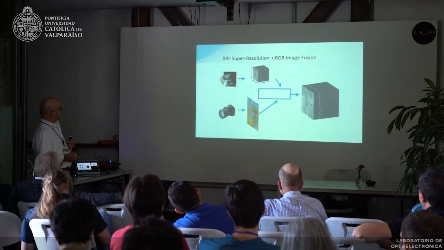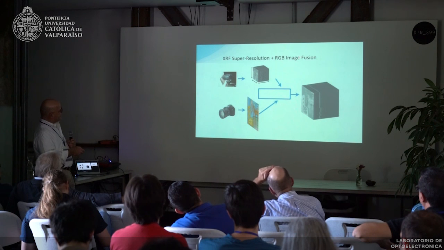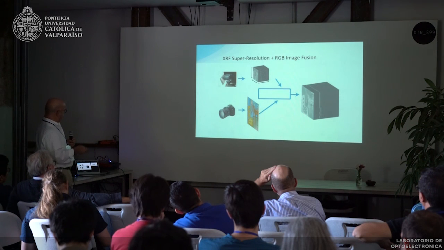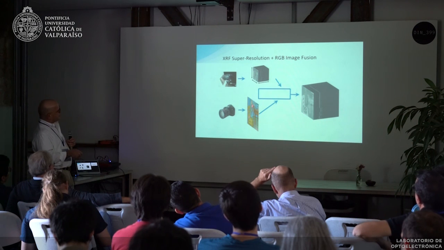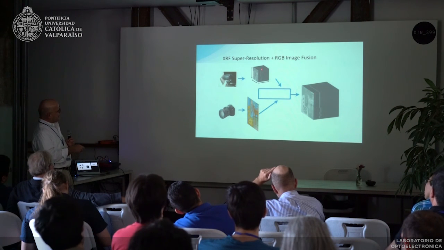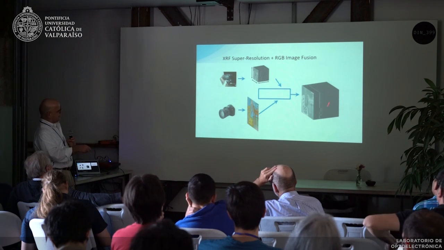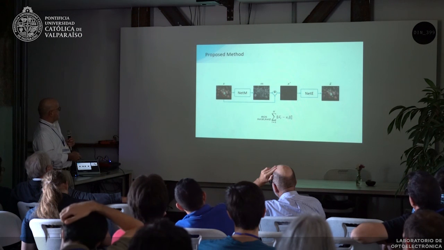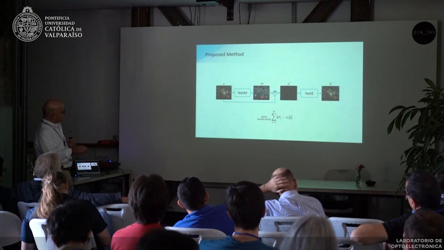We're also looking at a combination of XRF and RGB images. We have an XRF volume of about 4,000 channels at low resolution and a high-resolution RGB, and through dictionary learning you can increase the resolution of the XRF.